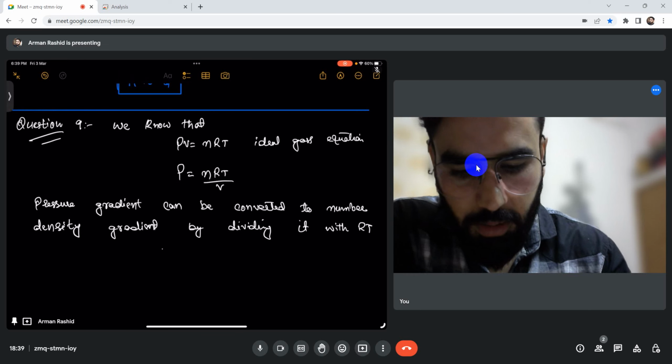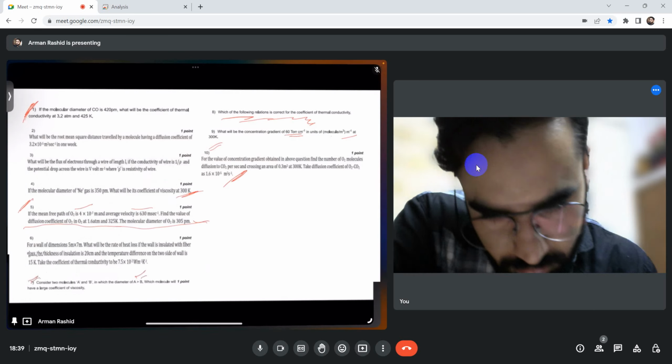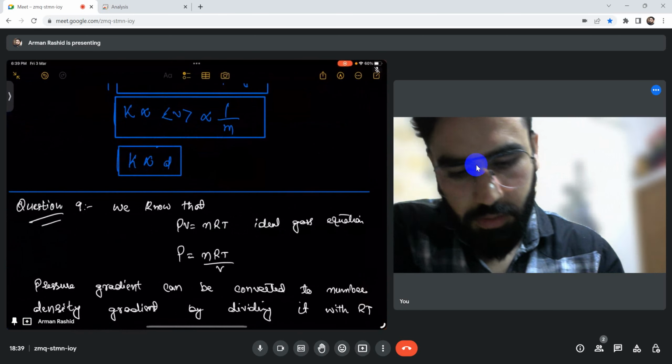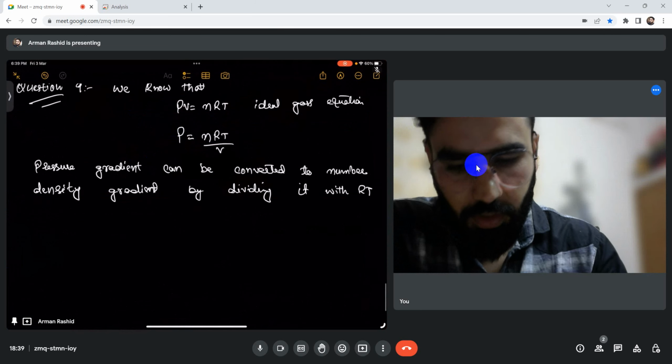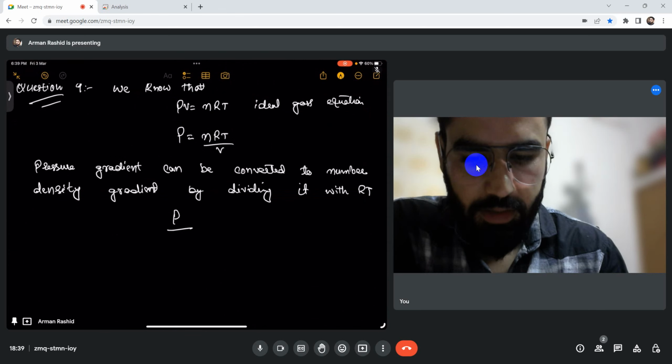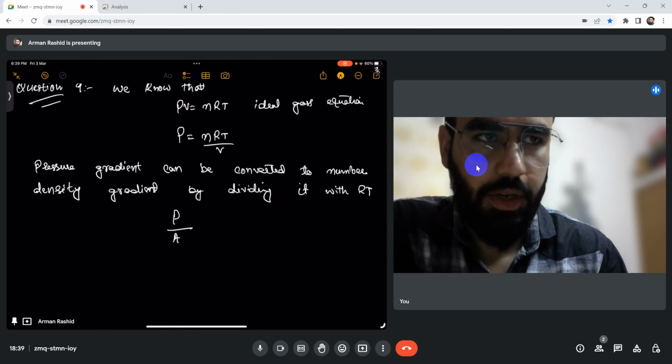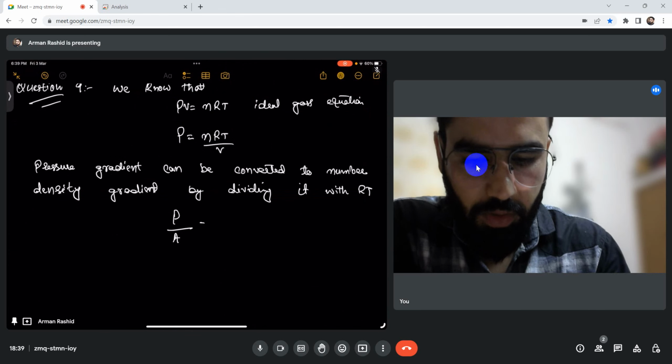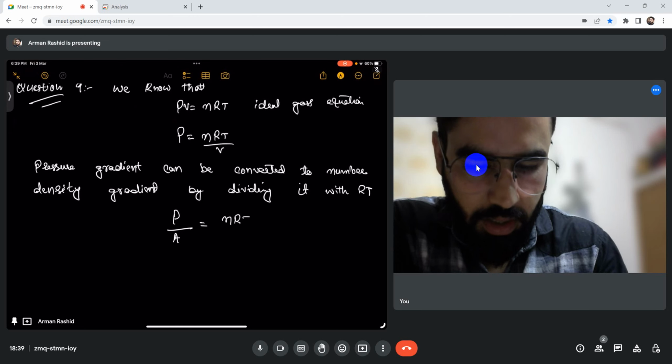So we have this equation. We'll write P by some area, because pressure gradient is pressure per unit area, is equivalent to nRT by V, and we have to multiply by A here also.